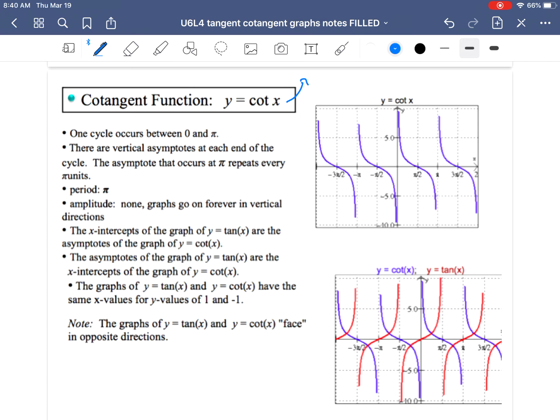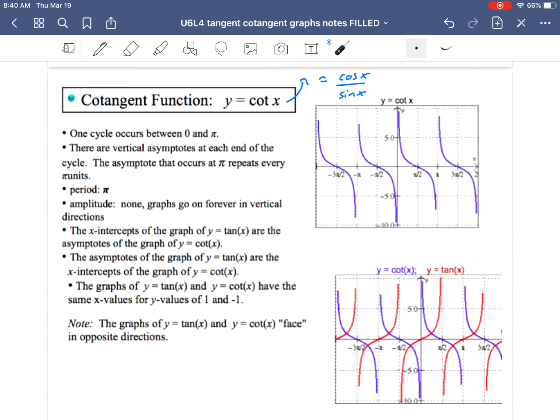This is actually cos x over sine x. Another thing that's useful besides the vertical asymptotes is zeros. If cosine of x is equal to 0 in cotan, then this whole fraction is equal to 0. So I've got a 0 at pi over 2, a 0 at 3 pi over 2, a 0 at negative pi over 2, etc. The asymptotes of this graph actually occur when sine of x is equal to 0.